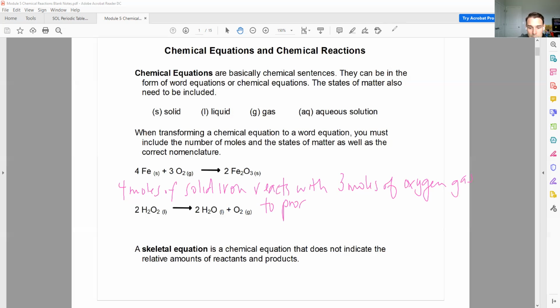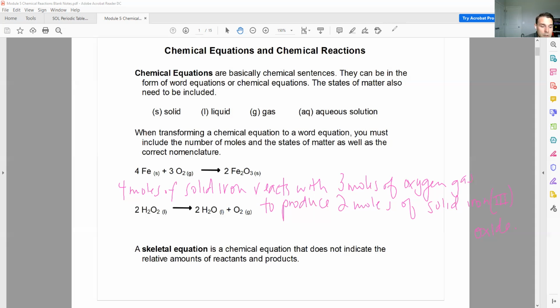So to produce 2 moles of, and that's solid, and to our nomenclature, this is iron 3 oxide. Okay, so I've just taken that chemical equation and turned it into a word equation. You can go backwards and forwards. You should be able to do both of this.